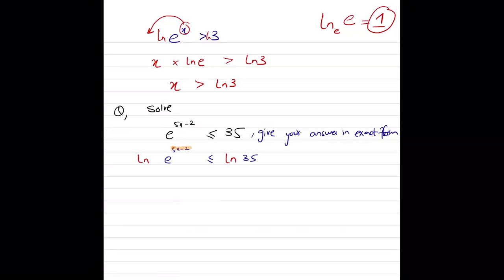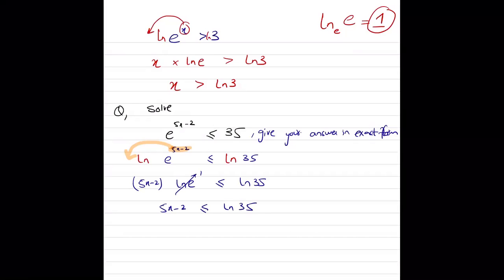Then this power can go on the left hand side, and you are going to get 5x minus 2 times ln e less than or equal to ln 35. Okay, can you solve it from here now? This is where I got stuck, because do we just leave it as 5x minus 2, because ln e is 1, right? So 5x minus 2 is less than or equal to ln 35.